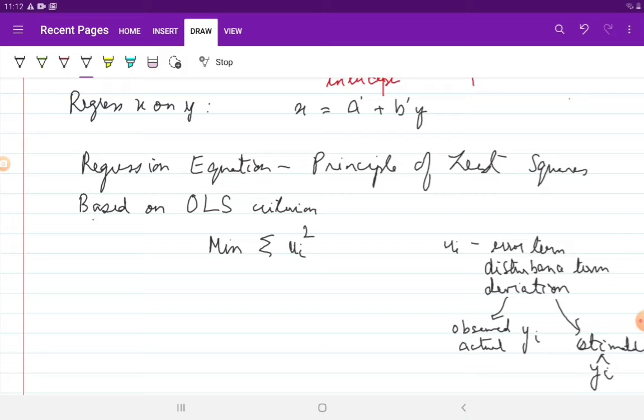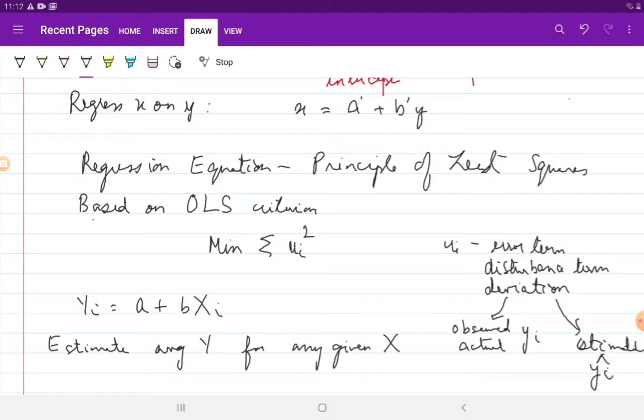Remember, regression talks about an average relationship. So if you manage to successfully fit the regression line yi is equal to a plus b xi, using whichever principle that you have used, what you will succeed in doing is you can predict or estimate the average value of y for any given x value.